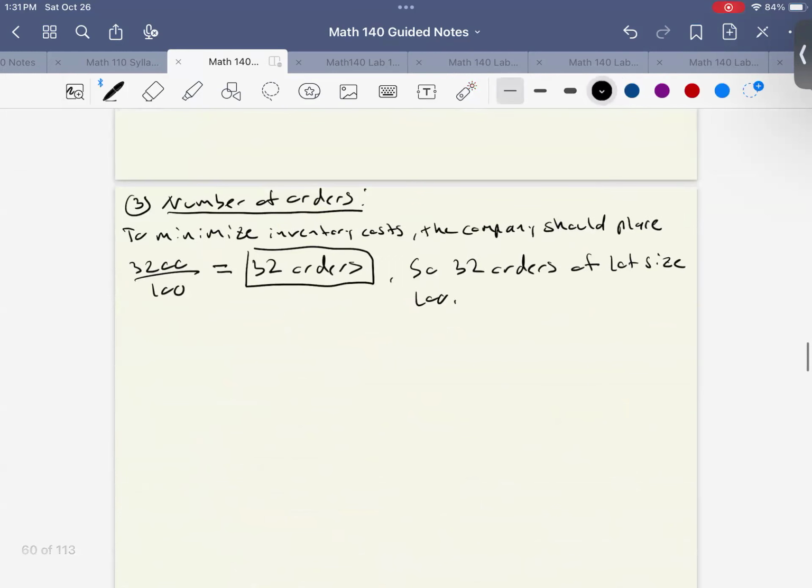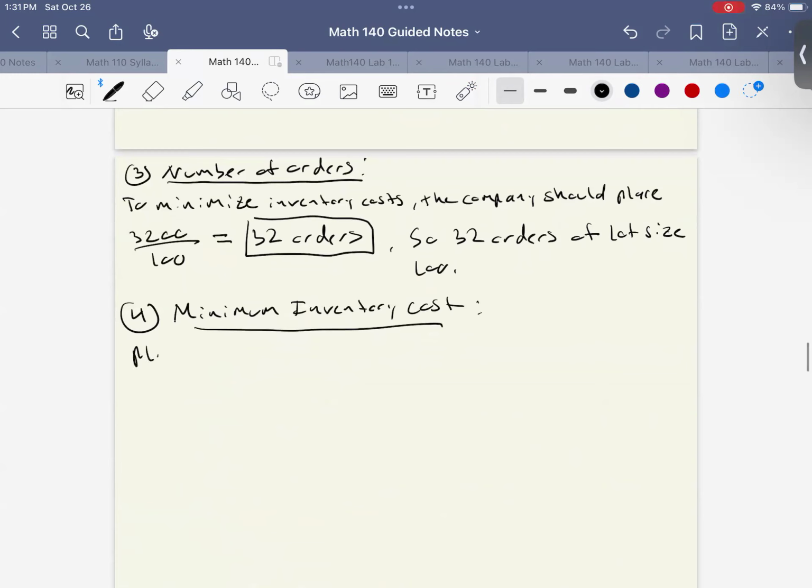So we'll say step 4, minimum inventory costs. Okay, so I'm going to take 100, plug in x equals 100 into that inventory cost function.